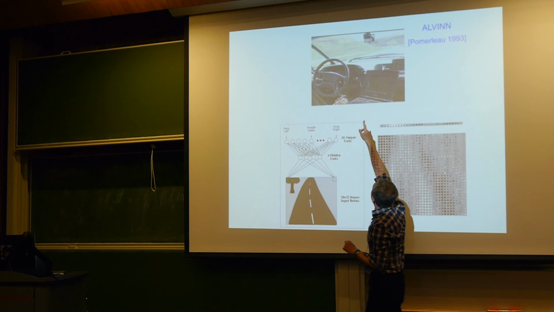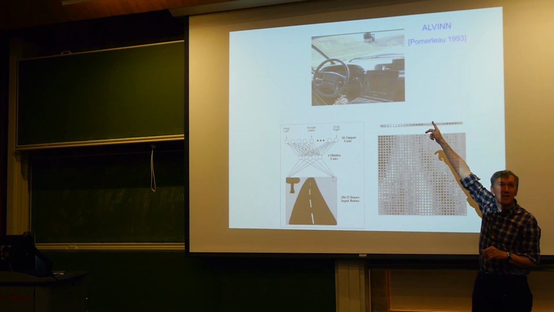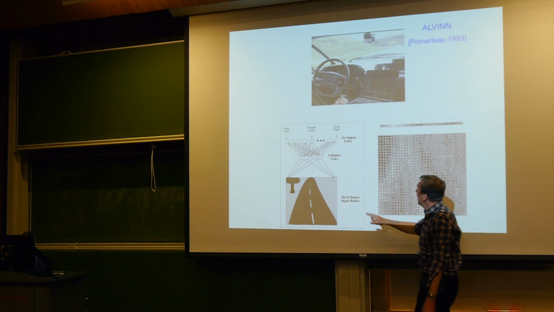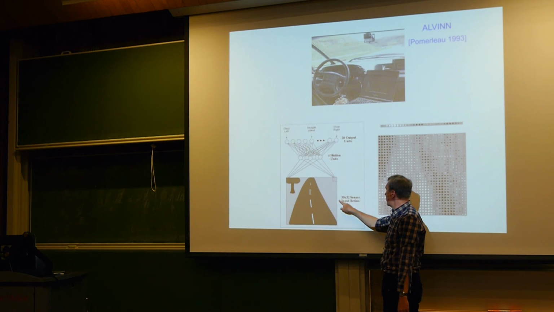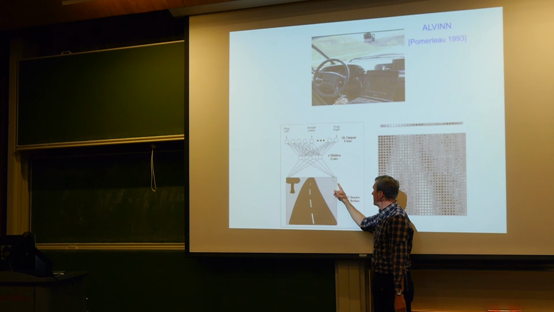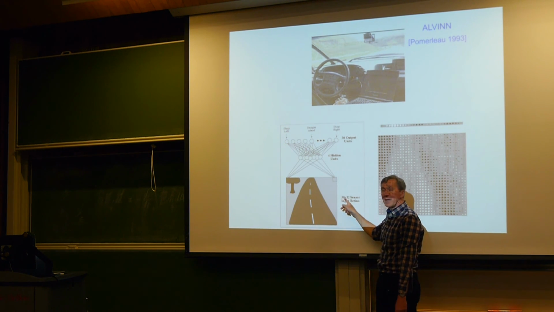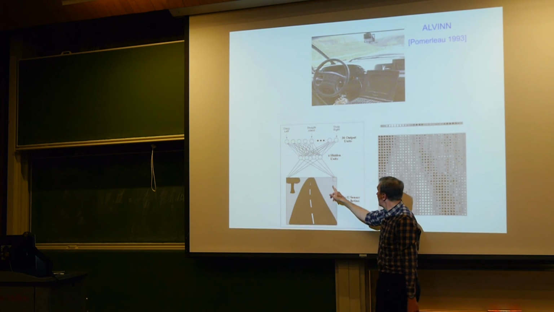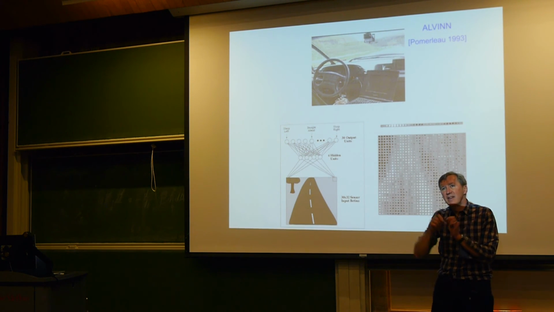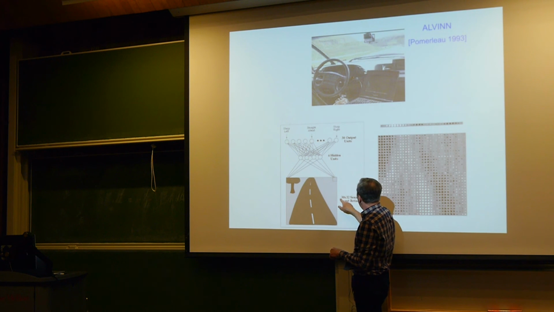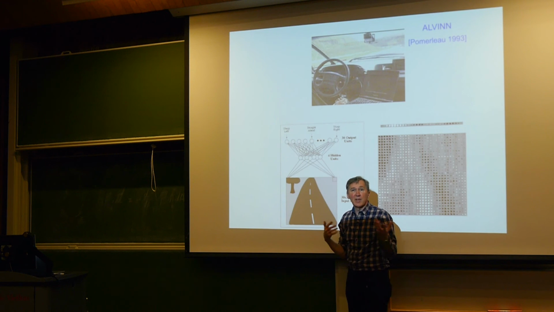But what he did was he put a camera pointing out the windshield of the car. You see it up on top. And that captured a grayscale image, which he represented as a grid of 30 by 32 pixels, each having some real valued intensity. And then he made a neural network with each of those pixels as one of the input units.